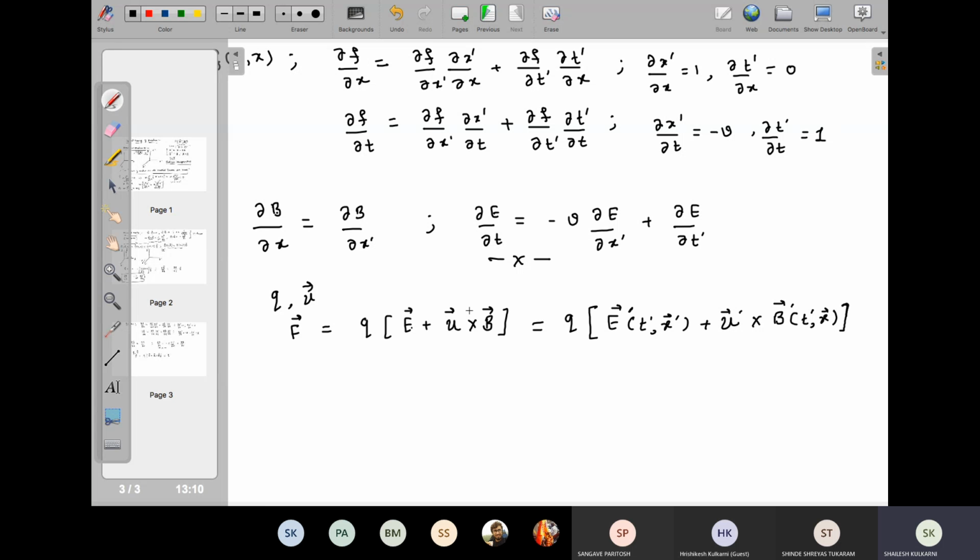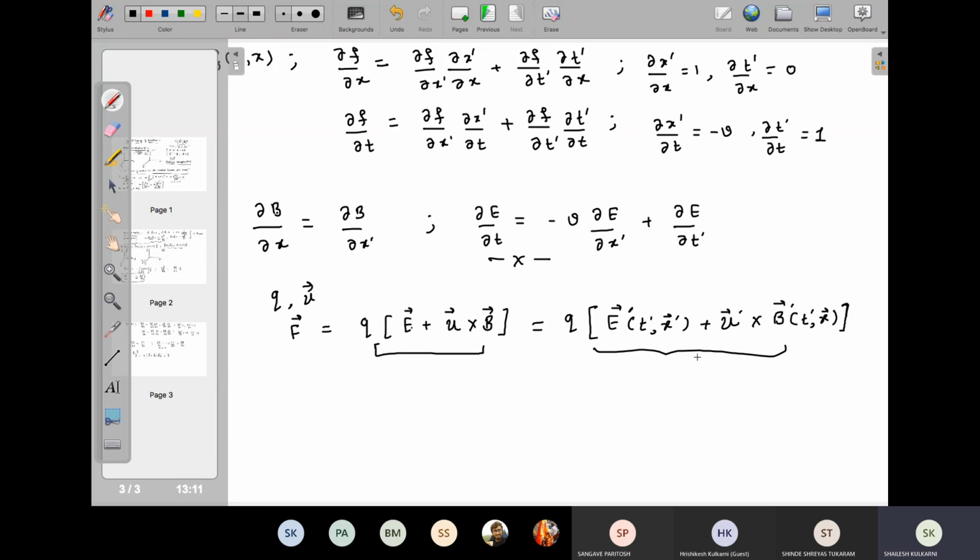The force will be perpendicular to u and B, whatever the instantaneous force. The point is that this equation structure remains same. So that is your principle of Galilean relativity.